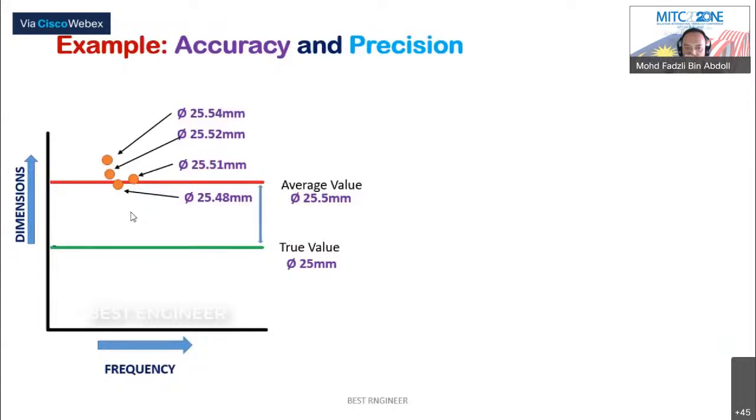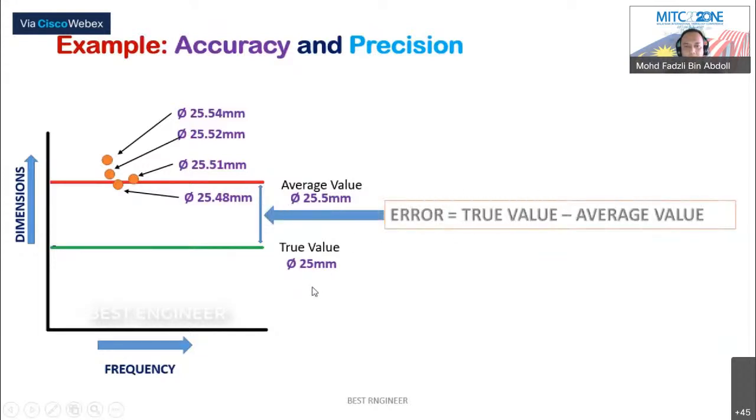The average value is more deviate from the true value. The average value here 25.5 mm, the true value is 25 mm. So here is more error. Error is nothing but difference between the true value and average value. Here the error is 0.5 mm. So the average value is more deviate from the true value.